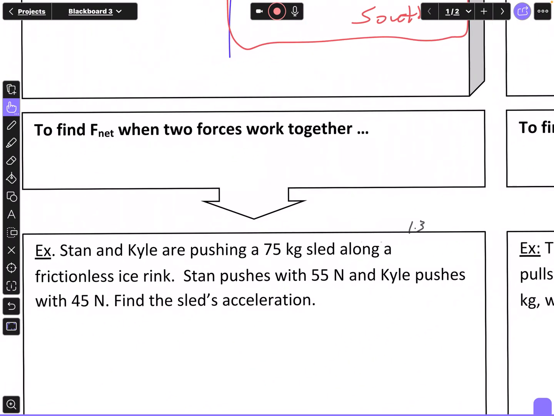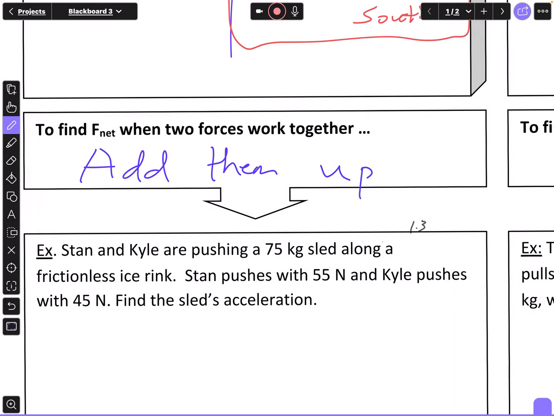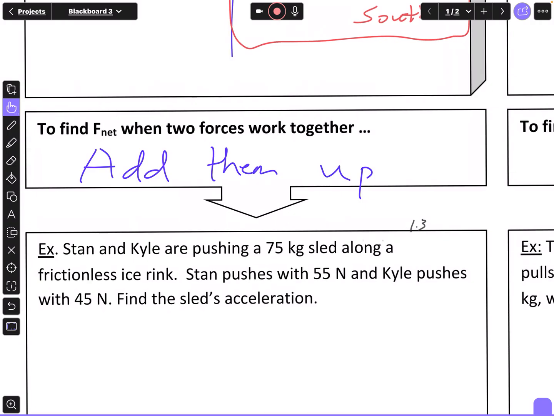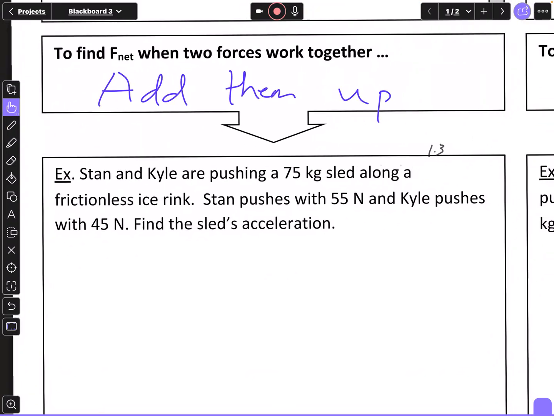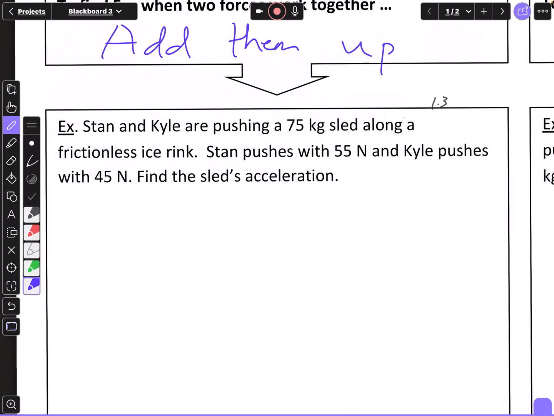Okay, next, when it says to find F net when two forces work together, then we simply add them up. If they work in the same direction, we add them up. So look at this problem.